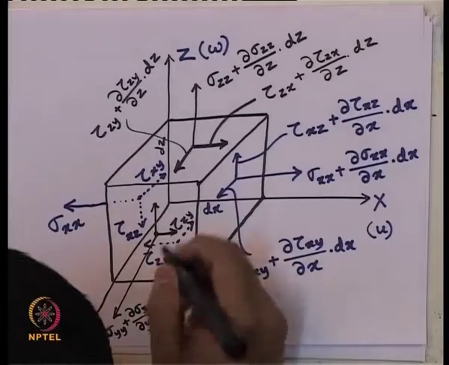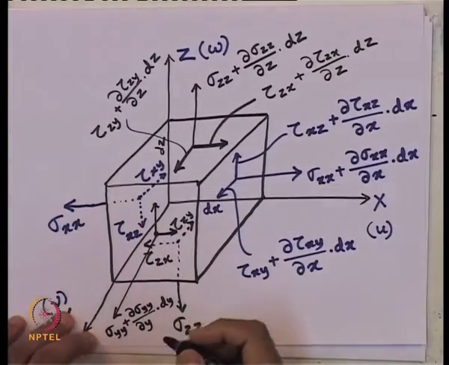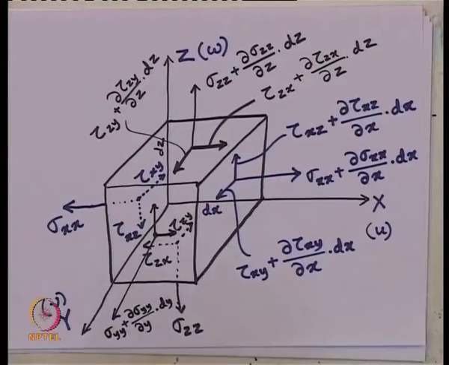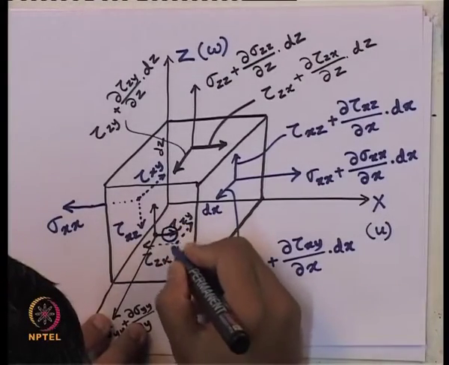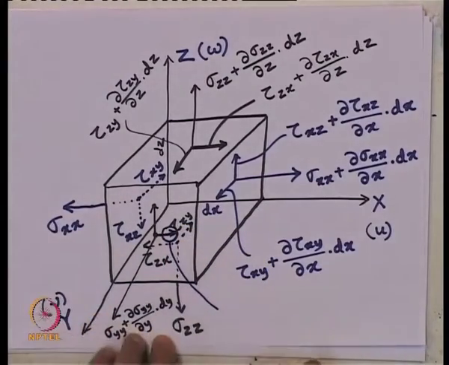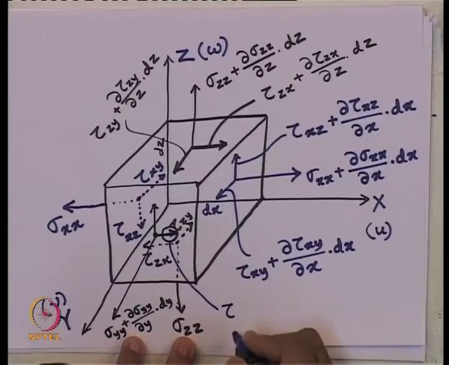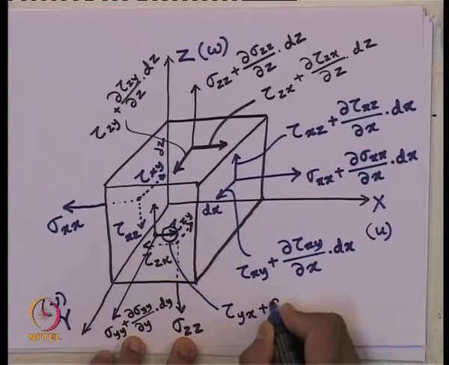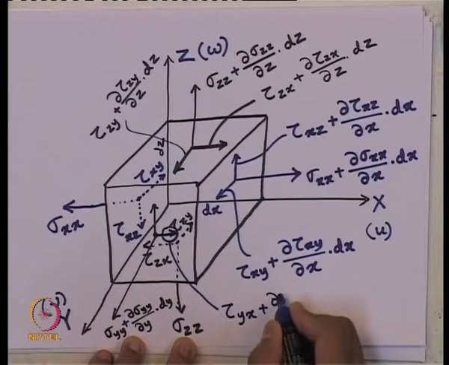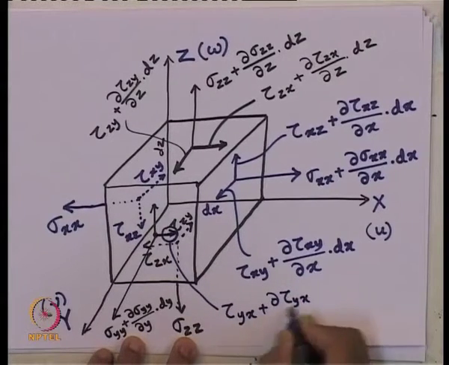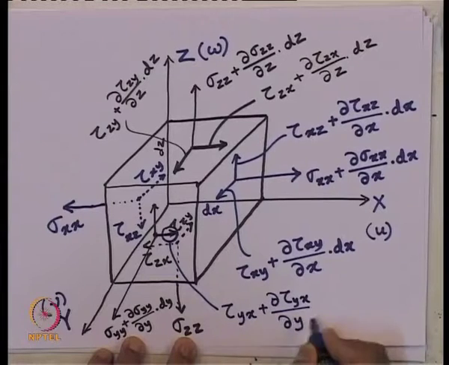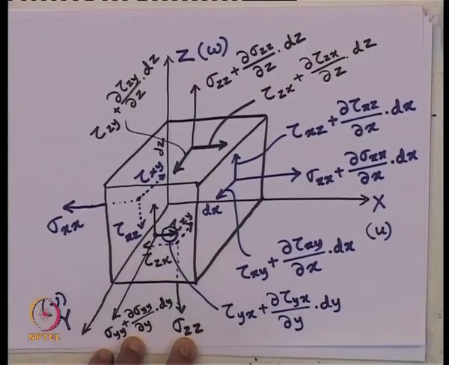Let me write it in blue. This is tau on y plane in x direction plus del tau y x by del y into dy.